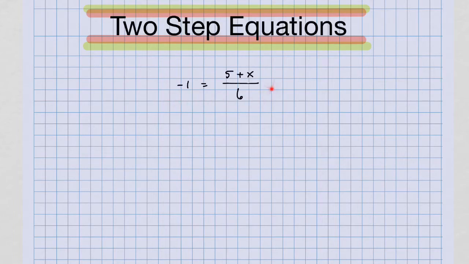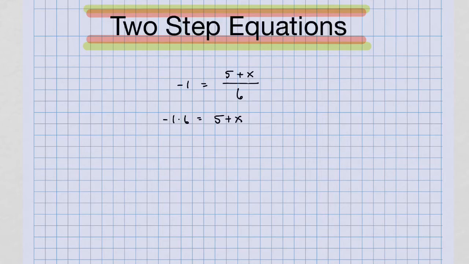Okay, negative 1 equals (5 plus x) over 6. We need to get this variable x by itself, and we notice that we have this division by 6. So to get rid of something that's being divided, we need to multiply both sides by 6. So now we have negative 1 times 6 equals 5 plus x.